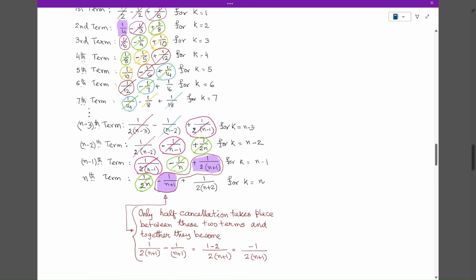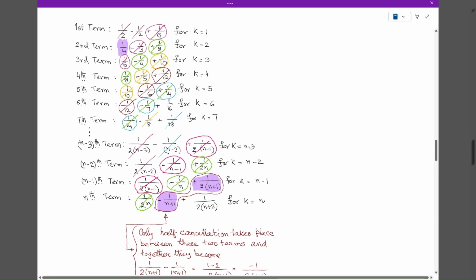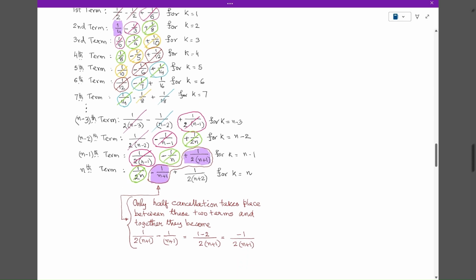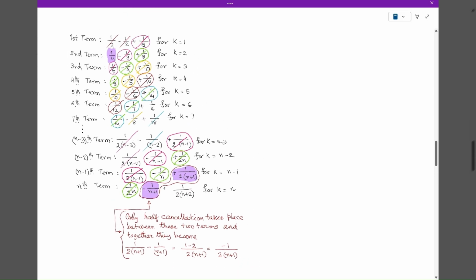So here in this table, let me point out again that these two terms cancel out. Now this term minus 1 by 3 cancels out with 1 by 6, 1 by 6. This term minus 1 by 4 cancels out with 1 by 8 and 1 by 8.